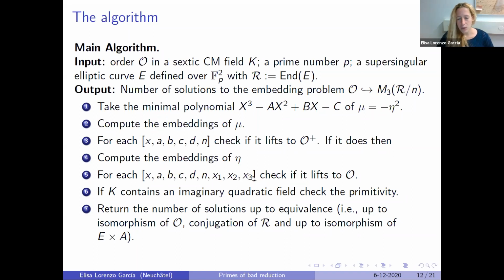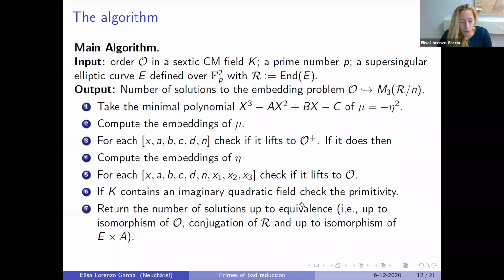Then we have this part, checking if it leads to O, because with this we are computing an embedding of eta and mu, but maybe the order is a little bit bigger. So we have to check that this embedding leads to the full order. Then if K contains an imaginary quadratic field, we still have to check the primitivity, and we don't always know how to do this.